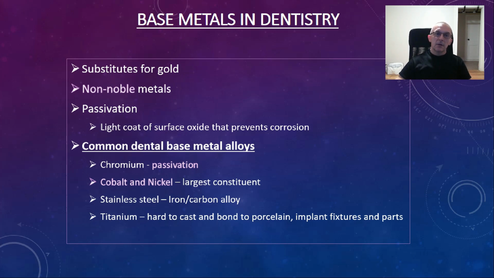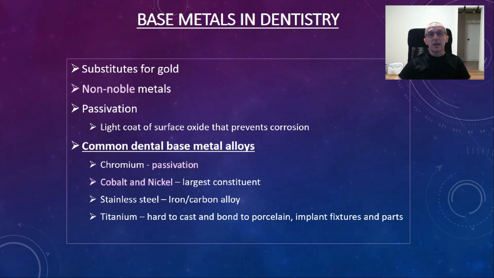Titanium is a hard, light alloy that we tend to use for dental implants, and sometimes it is used for airplane parts. It's very difficult to cast too, so it's very rare that we use it for ceramic work because it's very difficult to bond porcelain to it.